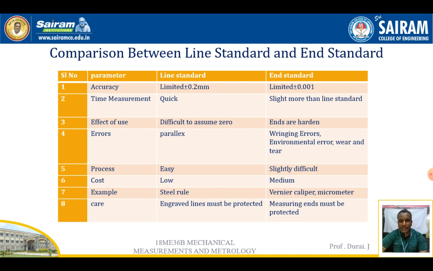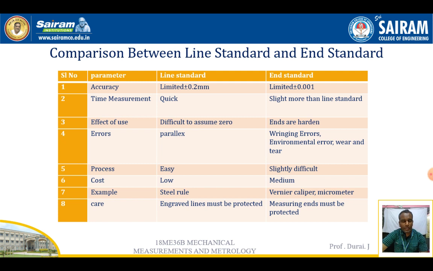And the errors: here the parallax effect may take place in the line standard because of error in reading; that is called parallax effect. But in the end standard, there are ringing errors, environmental errors, and wear and tear. Because the instrument is in contact with the component, errors may be possible, where wear and tear takes place.